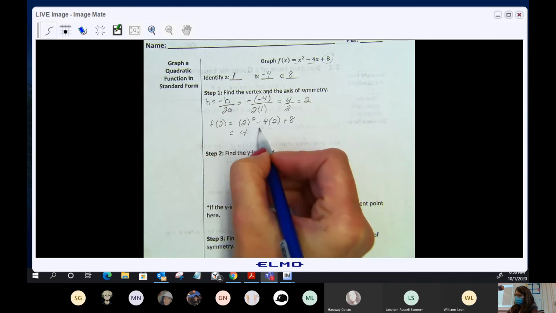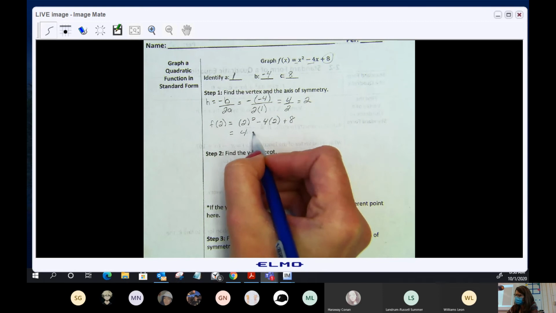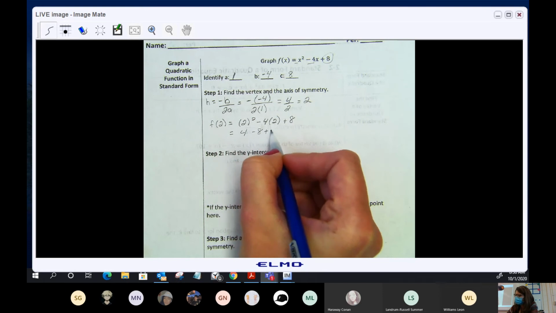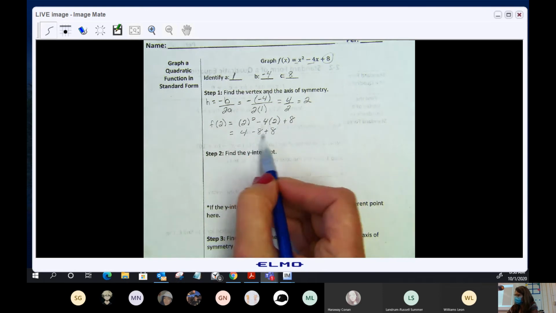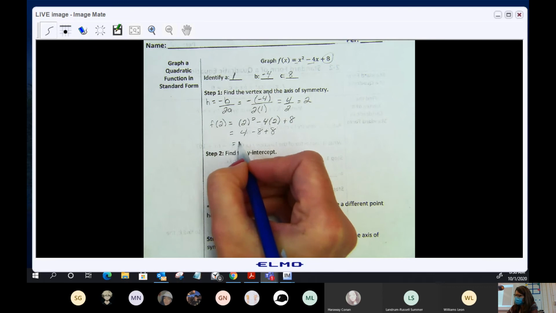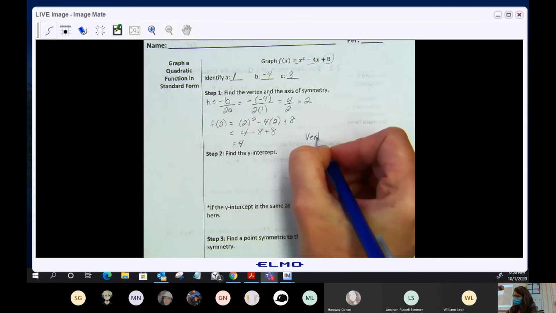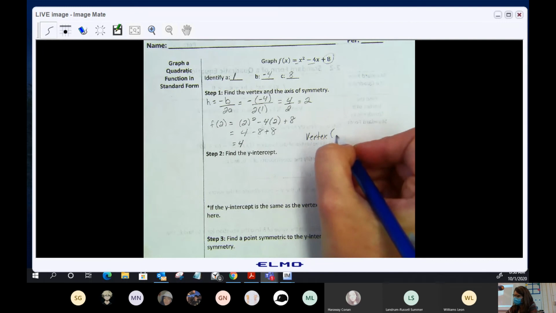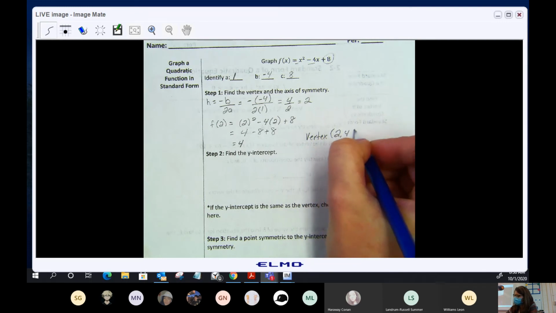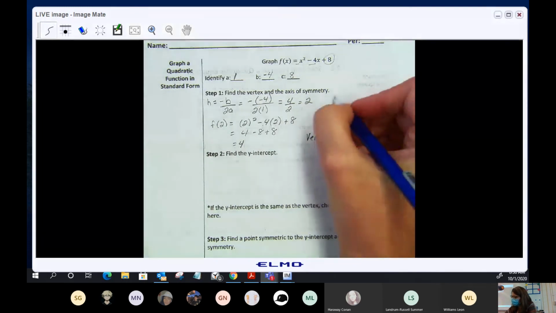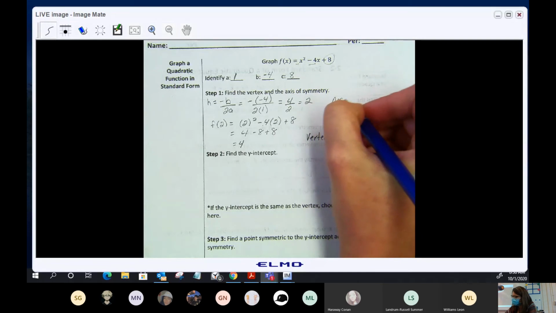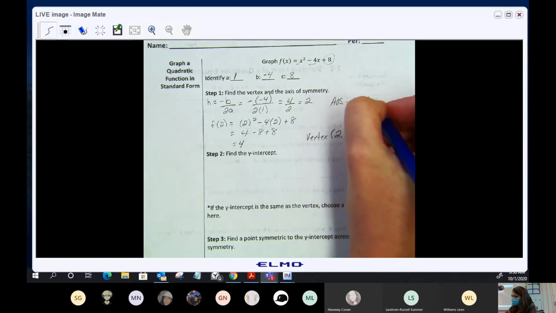And 2 squared is 4. -4 times 2 is -8 plus 8. We can see here -8 plus 8 is 0. I'm left with 4. So my vertex is 2, 4. And let's make a note here. My axis of symmetry is x equals 2.